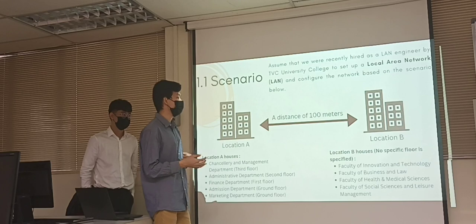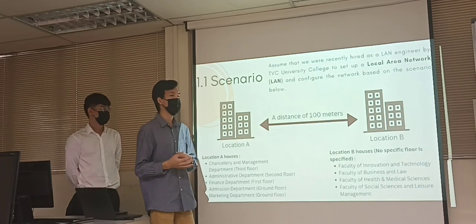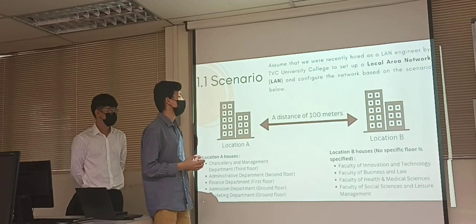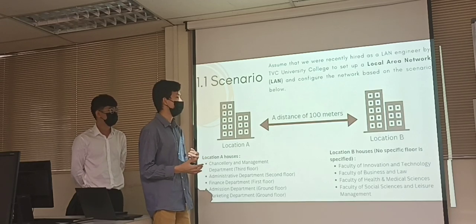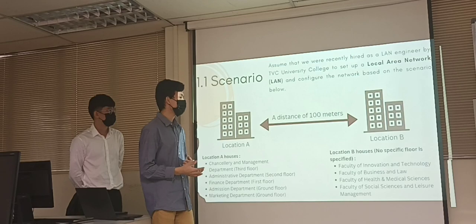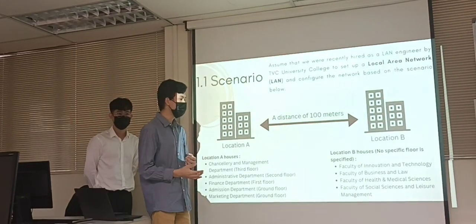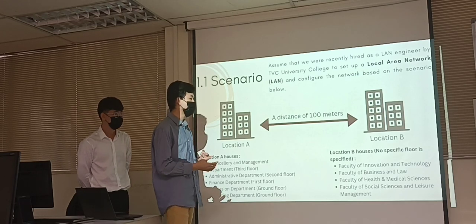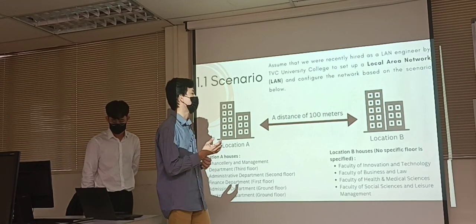Location B hosts 4 faculties, but it doesn't specify which faculties are on which floor. So we assume that the Faculties of Humanities and Technology are on the third floor, the Faculties of Business and Law on the second floor, the Faculties of Health and Medical Science on the first floor, and the Faculties of Social Science and Asian Management on the ground floor.